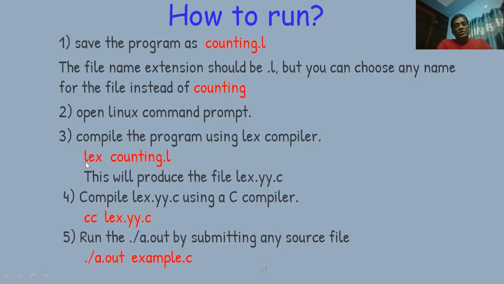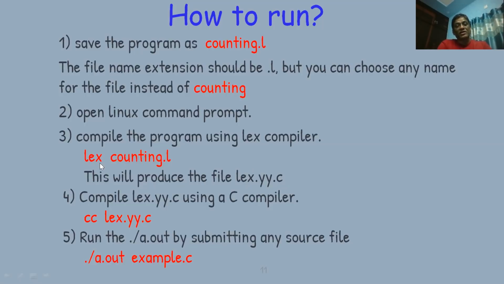If you type Lex followed by counting.l, this will produce a file called lex.yy.c. This name is going to be the same whatever program you write. This is the output of your Lex program.